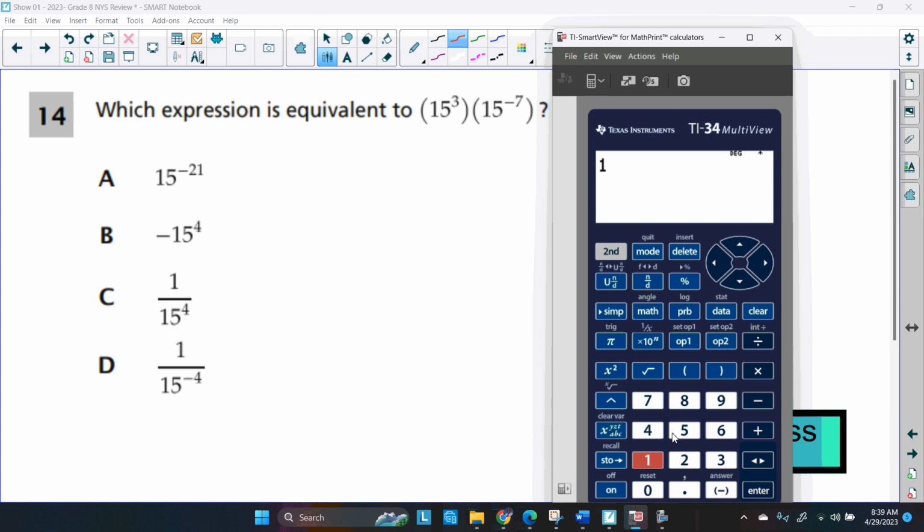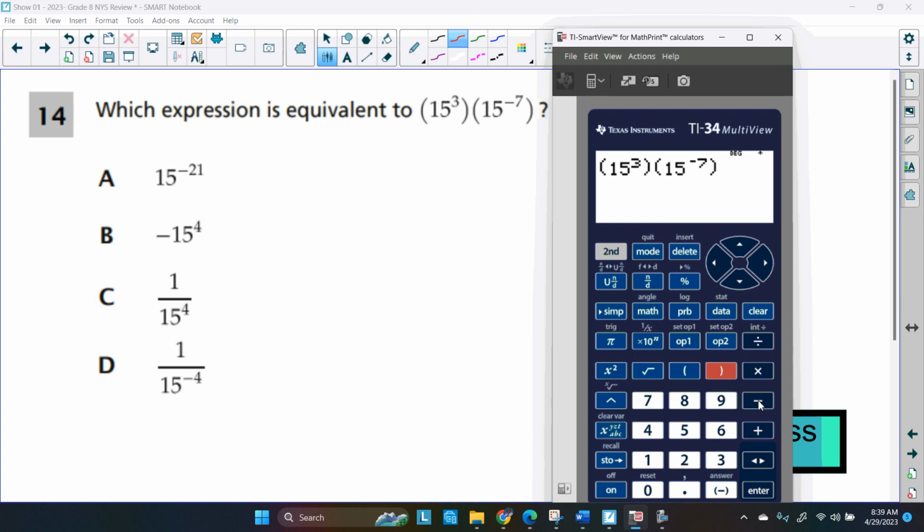I would take 15, get a parenthesis there, raise that to the third power, move over, times 15 to the negative 7. Make sure you press the exponent arrow, and press the negative button on your calculator.